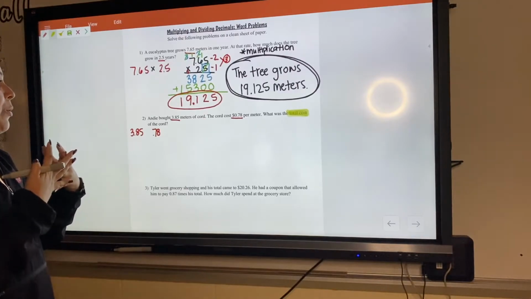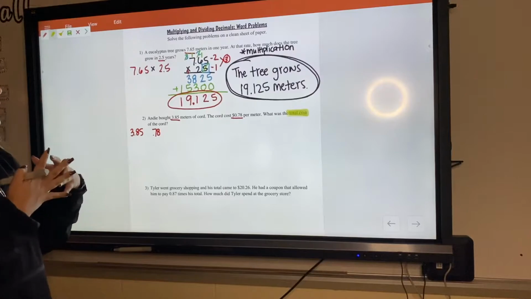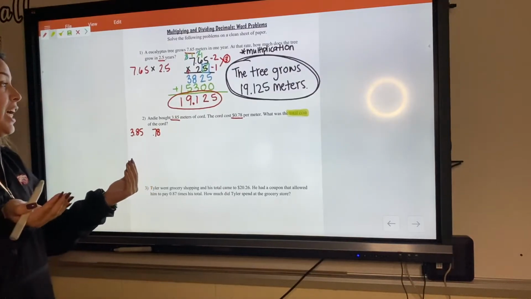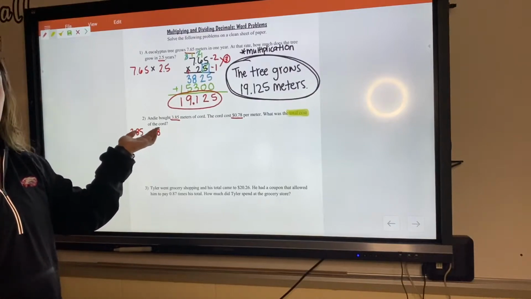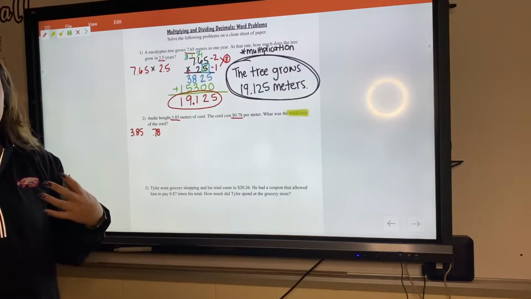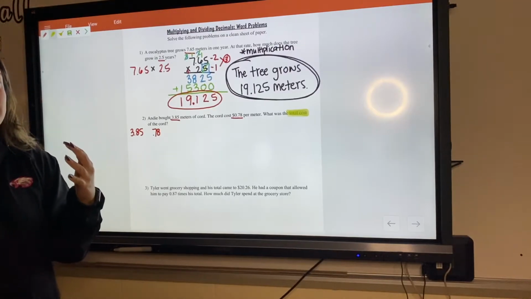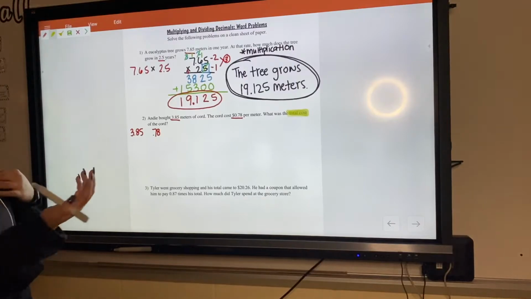We want to know how much money he's spending altogether if he is buying 3.85 meters of cord. So that's how we know that we are multiplying. If it says total cost, that lets us know that we are multiplying.